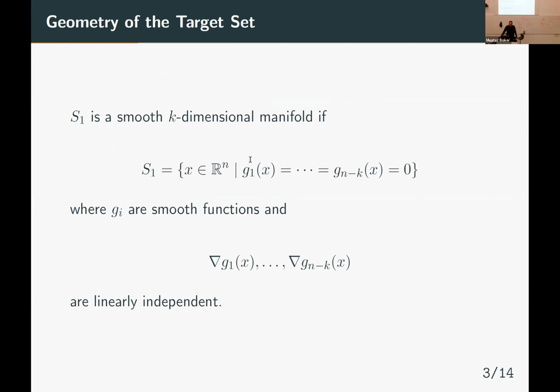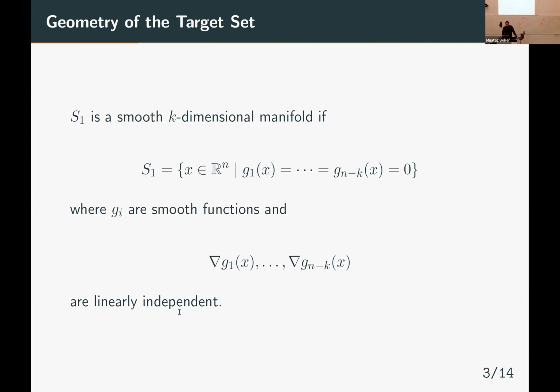This is just a general definition of a smooth k-dimensional manifold, if we define S1 as the set where the functions g_i are equal to 0, where the g_i are smooth functions and their gradients with respect to x are linearly independent.